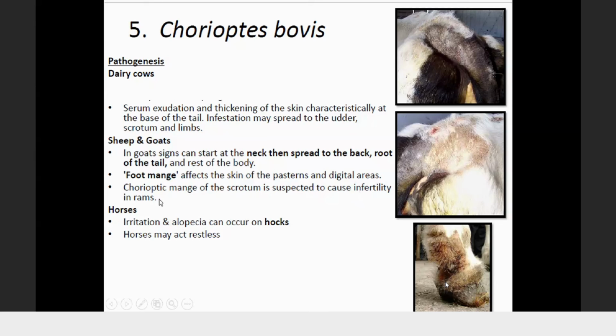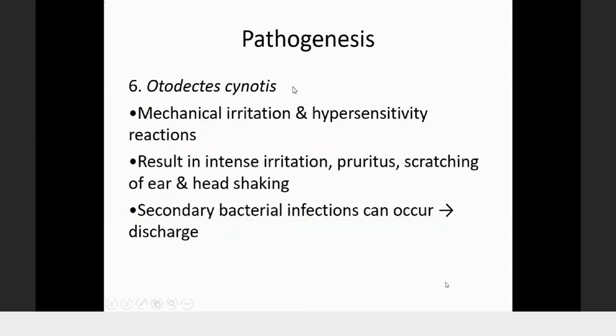It causes irritation and alopecia can occur in the affected region, and it can cause restlessness. Other mites can cause irritation and a hypersensitivity reaction, resulting in intense irritation and pruritus.